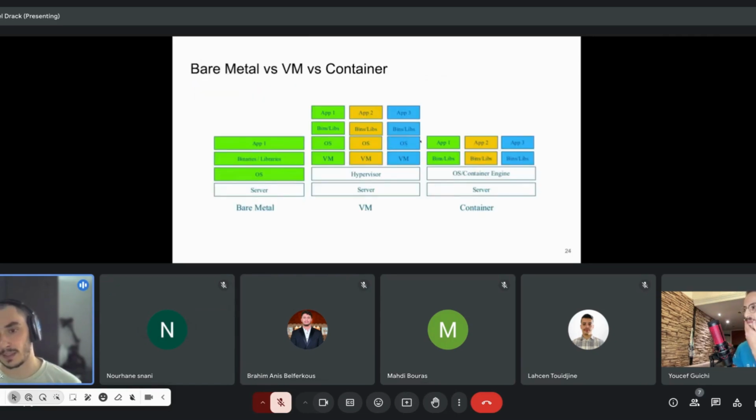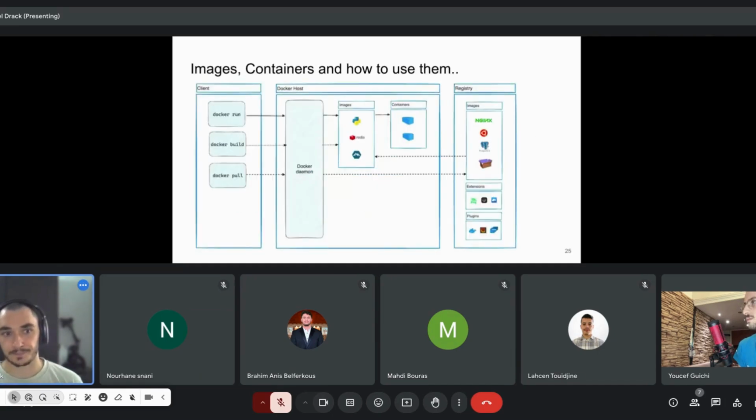All right. Let me just briefly introduce you to how this life cycle and this whole workflow of building, running, operating, and distributing containers and container images works. An image is pretty much just the file that you want to distribute to a machine where you can then run a container.